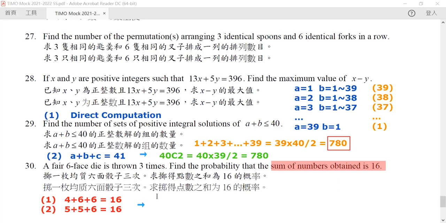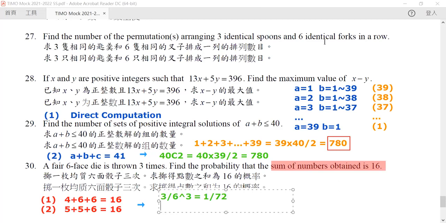For our first one, all you need to do is to recognize there are only 3 different ways to throw it: either 4 6 6 or 6 4 6 or 6 6 4. So there are 3 ways, but again, you need to throw the dice 3 times, so it will be 6 to the power 3. So the probability will be 3 over 6 to the power 3, and hence it will be equal to 1 over 72.